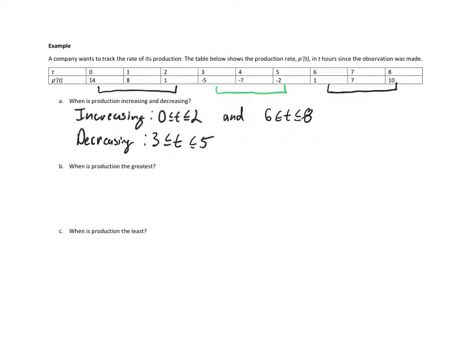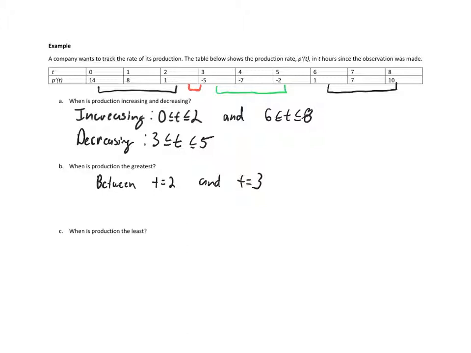And so if we want to know when production is greatest, well, recall you have a maximum whenever the function shifts from increasing to decreasing. So when does the function shift from increasing to decreasing? That's during this time. So when would production be greatest? Between t equals 2 and t equals 3.